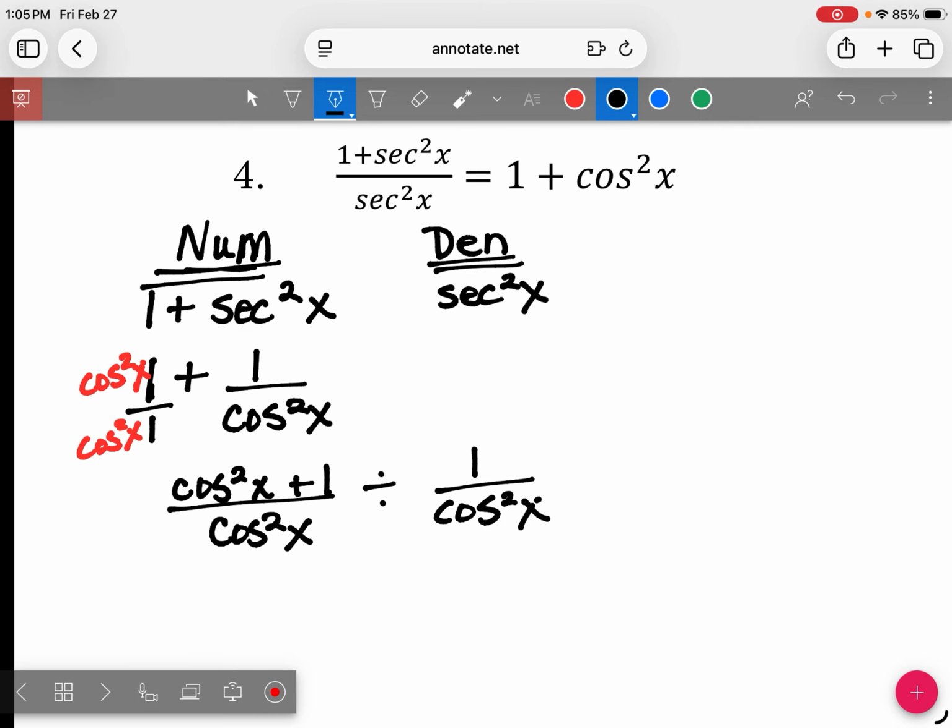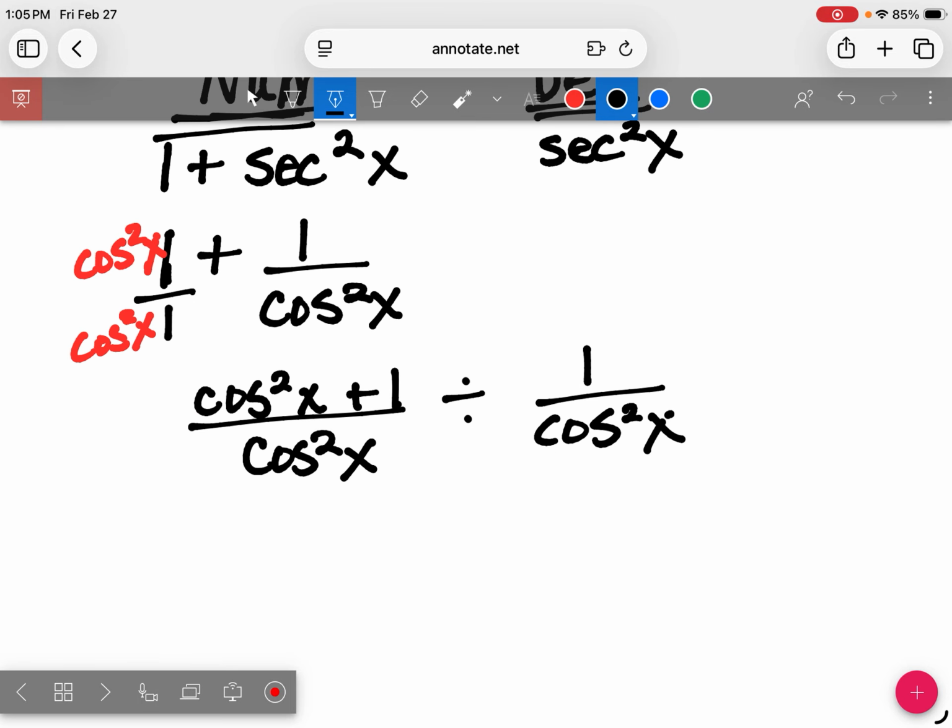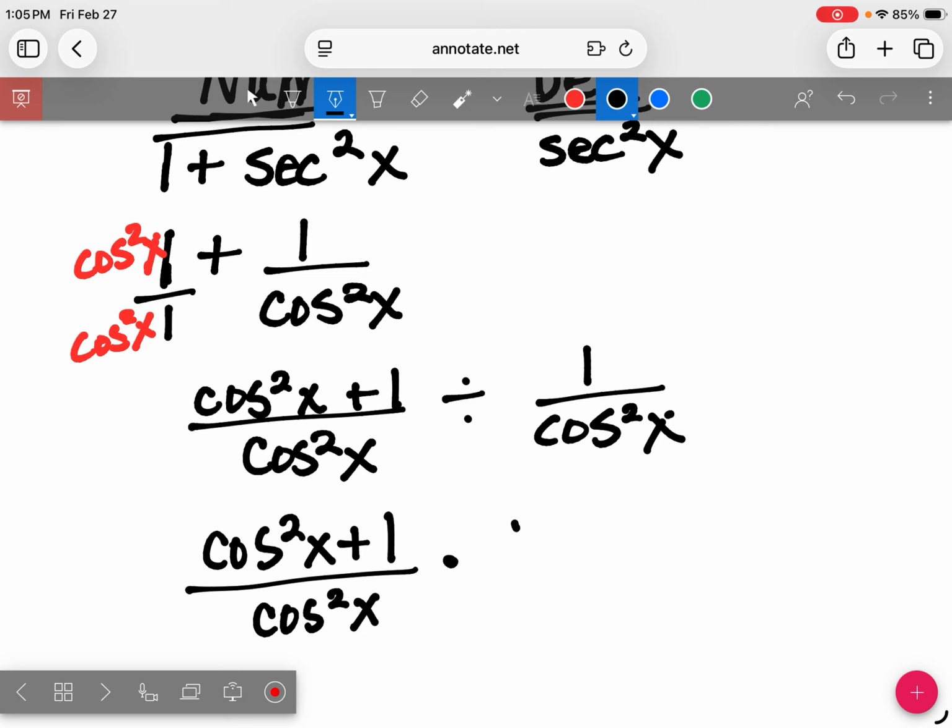So we got cosine squared x plus 1 over cosine squared x, change and flip. Now what's going to happen?